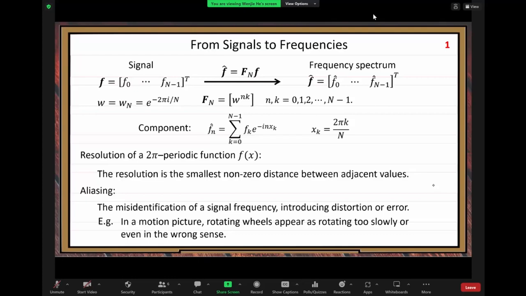Aliasing is caused by sampling at too few points. If you add more sampling points, you can eliminate aliasing, because you can do the calculation more accurately, with less misidentification.